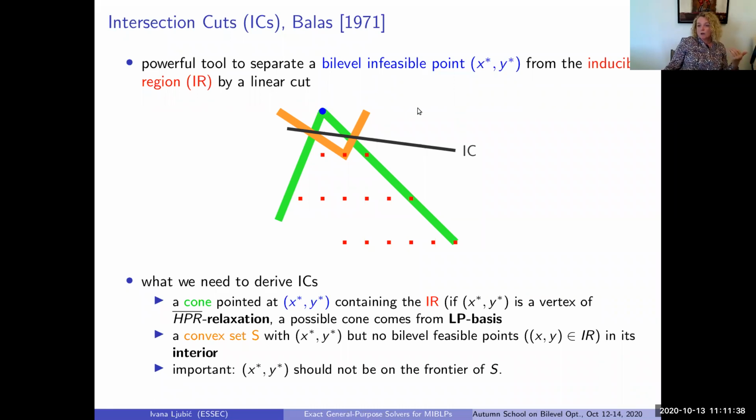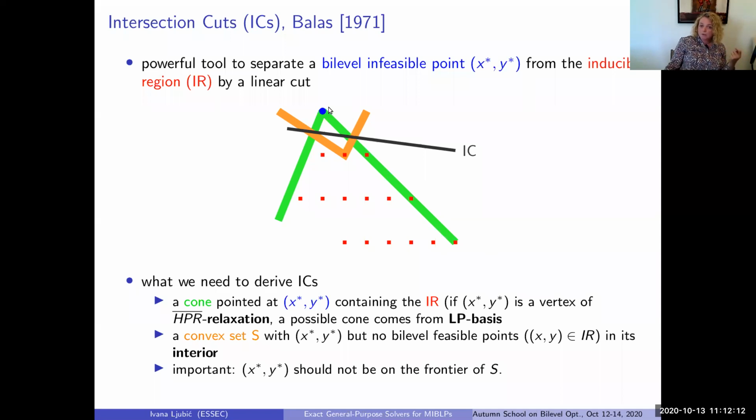And as long as the solution that we obtain in the branching nodes is not discrete, doesn't satisfy the integrality conditions, we will apply the standard branching and cutting procedures. At some point in the branch and bound tree, we will encounter a point found by the simplex algorithm which satisfies these integrality conditions. So we will be able to have the LP basis and the cone defined by this point.